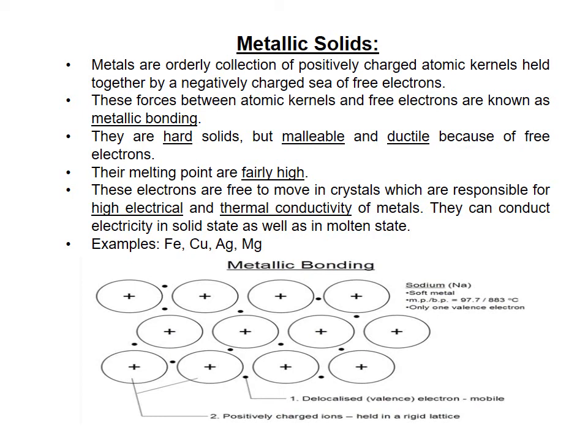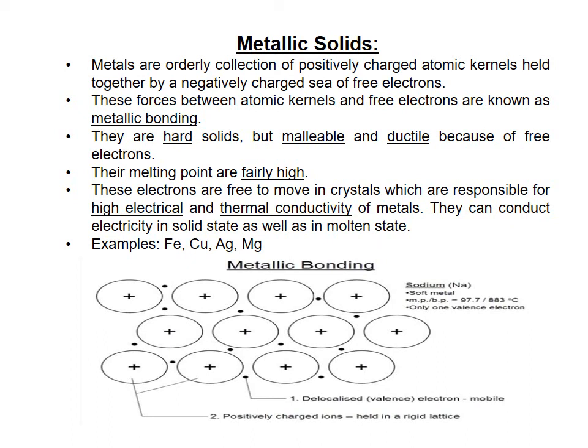The free delocalized electrons present in them make them good conductors of heat and electricity even in their solid state. That is, metallic solids can conduct electricity in their solid form as well as in their molten state.